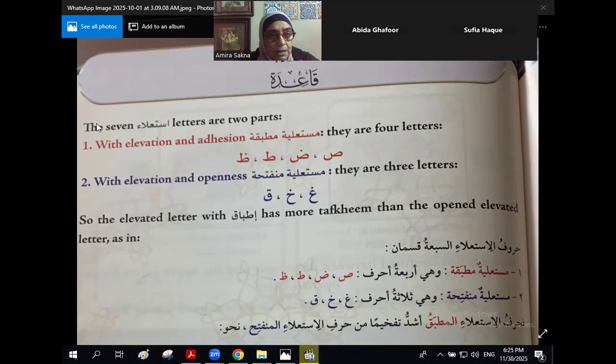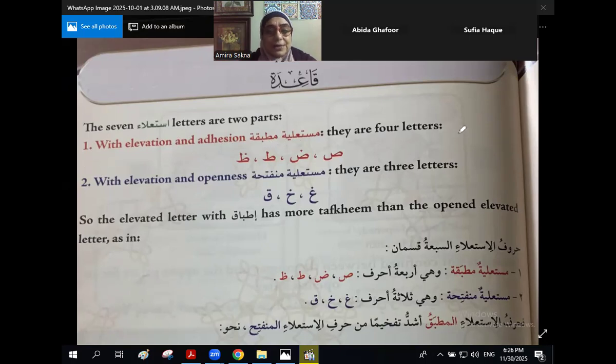Okay. The 7 استعلاء elevated letters are in 2 parts. The استعلاء letters are divided into 2 groups. Number 1, with elevation, استعلاء, and adhesion, إطباق, مستعلية مطبقة.